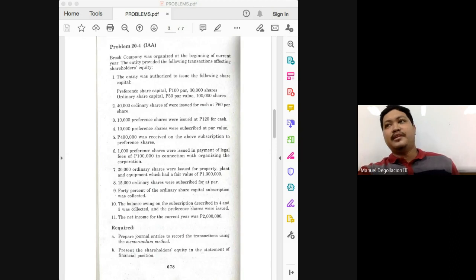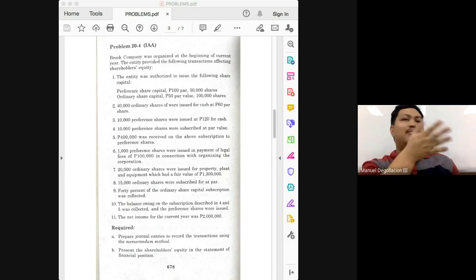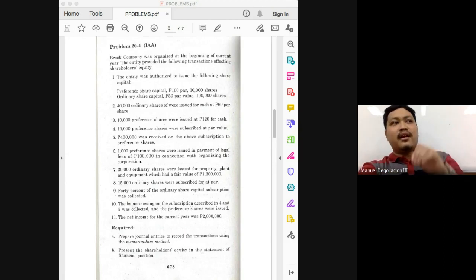So our entry here, since the issuance is only at par value, would simply be debit subscriptions receivable, and credit subscribe preference shares, or subscribe share capital, preference shares, in the amount of 1 million. Now, the reason you are expected not to have difficulty with this one is because the normal behavior for share capital and even share premium is they are always going to be credited. It's very rare for these accounts to be debited.